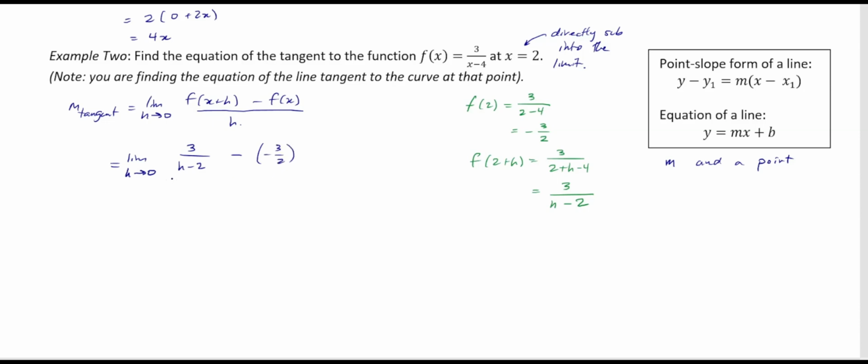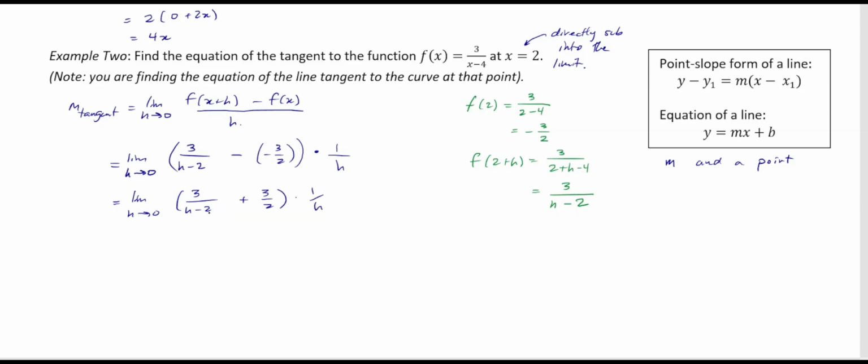And now instead of dividing everything by h, I'm going to take this expression, that's the numerator, and multiply it by 1 over h, because dividing by h is the same thing as multiplying by 1 over h. All right, so let's clean this up. I get 3 over h minus 2 plus 3 over 2 times 1 over h.